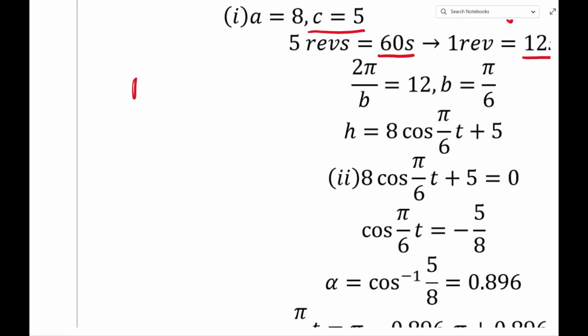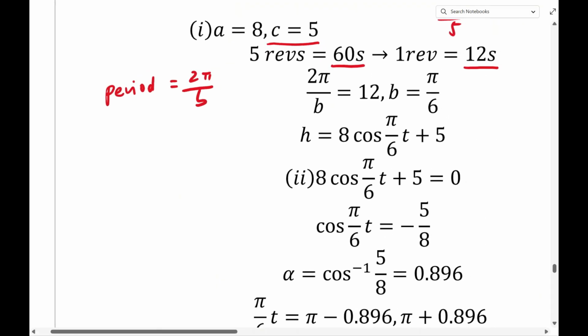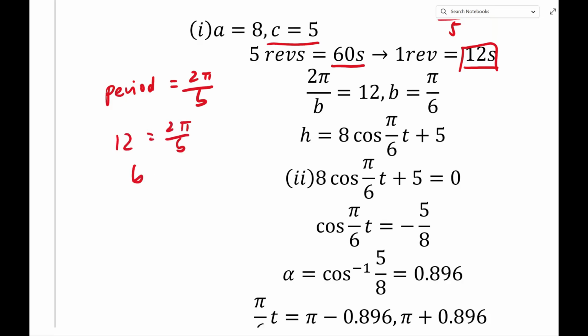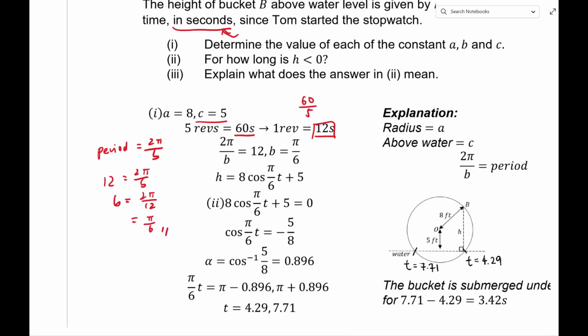From here, we can plug in our formula of period equals 2 pi over b. Now we know that our period is equivalent to the duration it takes to complete 1 revolution, which is 12 seconds over here. So subbing it in, 12 equals 2 pi over b. B will be equal to 2 pi over 12, which is equal to pi over 6. That's how we get our b. And then we are done with part 1.